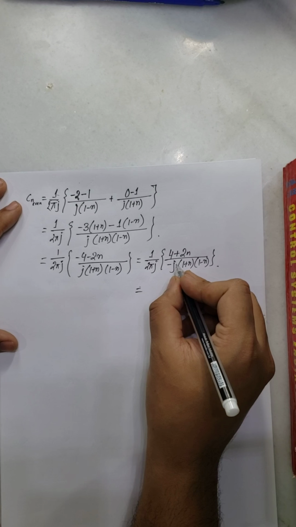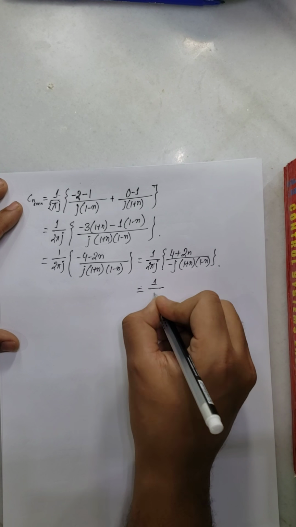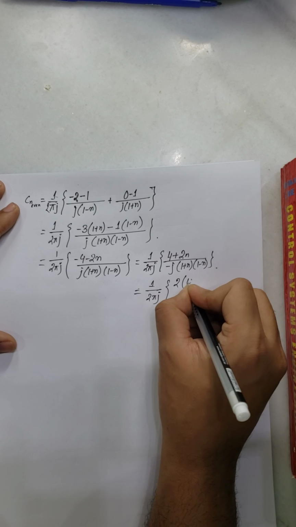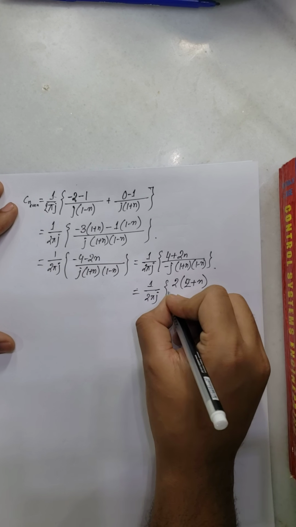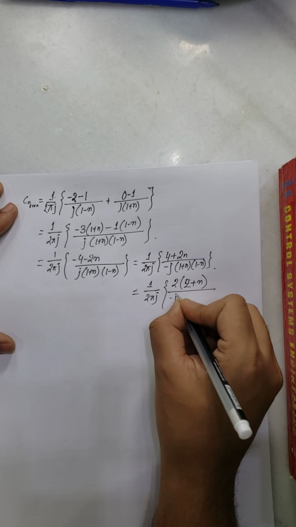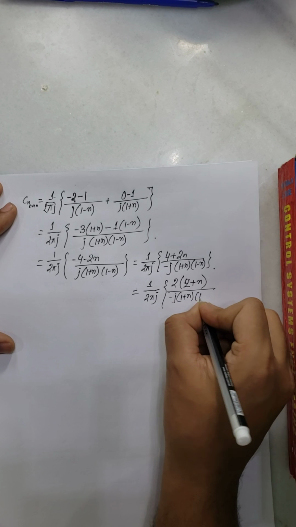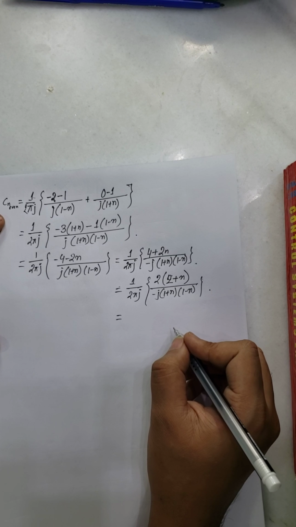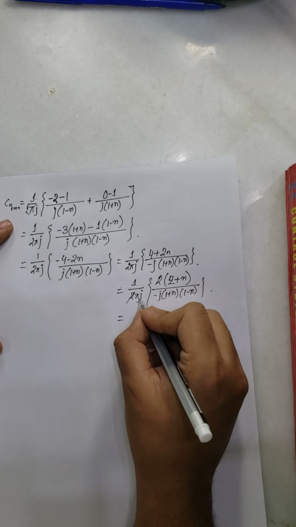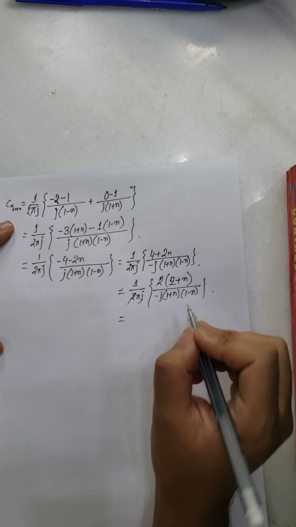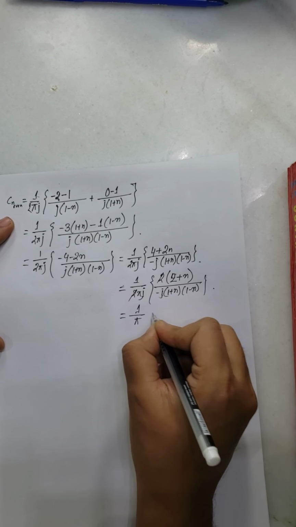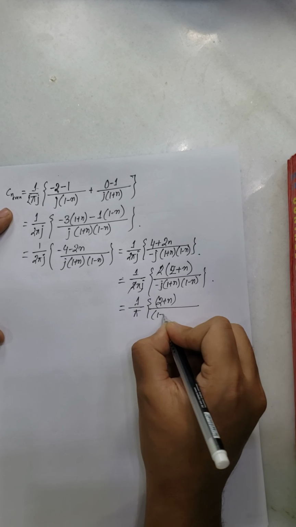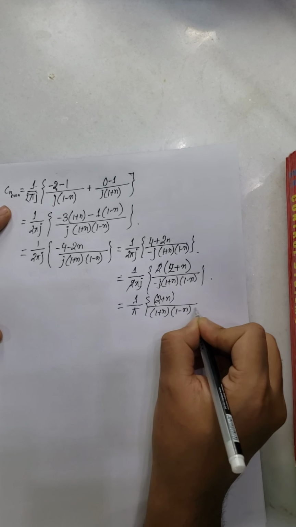Now once again, taking 2 as a common factor from the numerator, this becomes 2 plus n, this remains the same, 1 plus n 1 minus n, and cancelling this 2 and this 2 and multiplying once again j and j, we get 1 over pi, 2 plus n, 1 plus n, and 1 minus n.